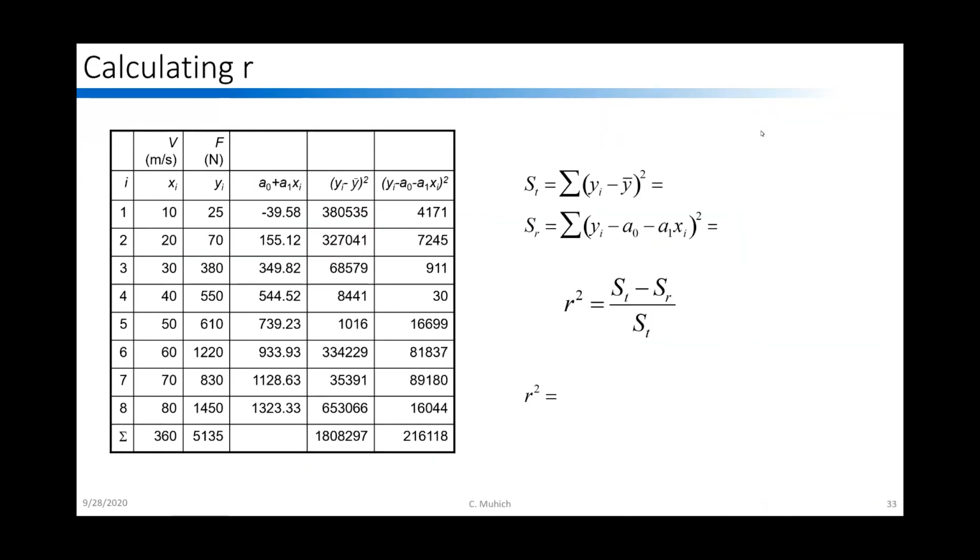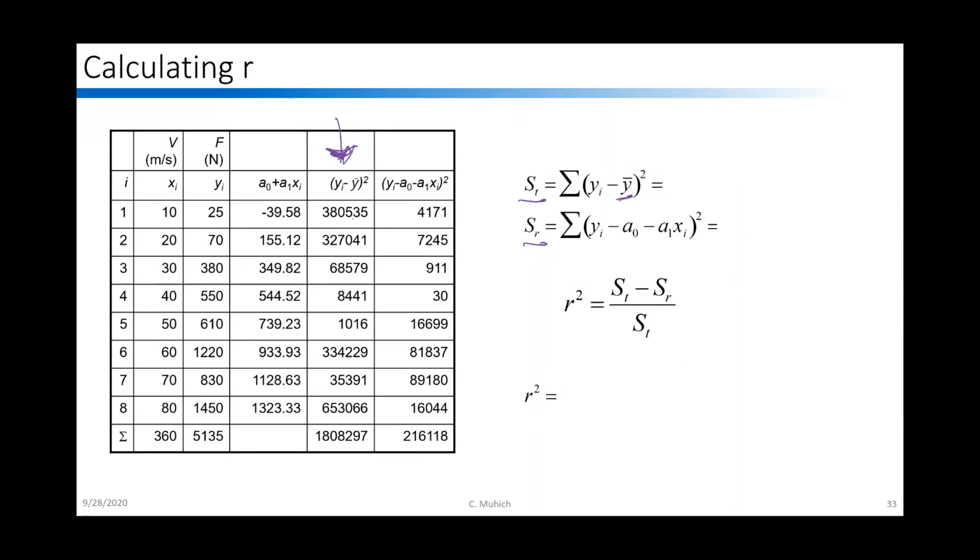This gives us the slope of my line. We still probably want to know a little bit about how good our fit is. In order to do this, we need to go in and calculate R. So this means calculating the variance in the y data and calculating that associated error. As you can see from that ST value, we take each data point minus the average y and square it. I'm going to do this in this third column.